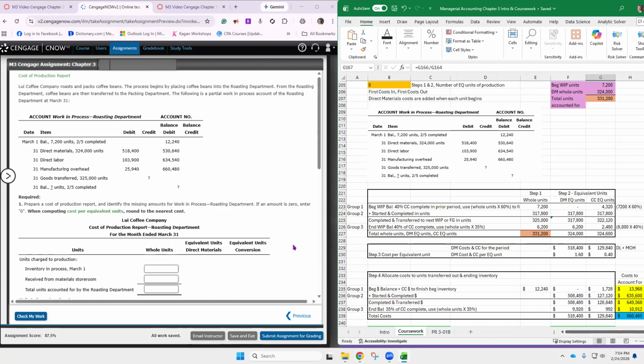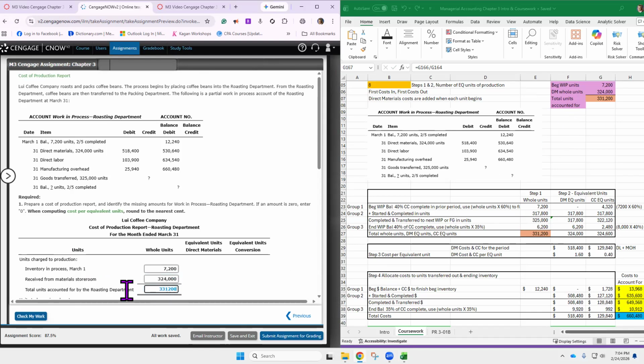Okay, so we've got 7,200 beginning units to account for. Then we received enough for 324,000. Okay, so when we add down, I've done that already, 331,200.